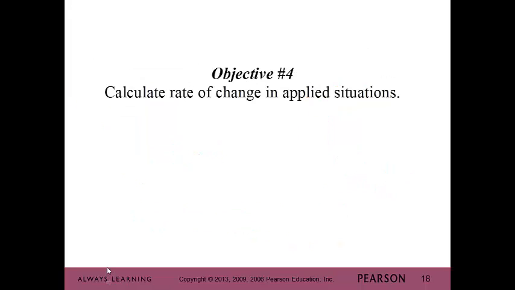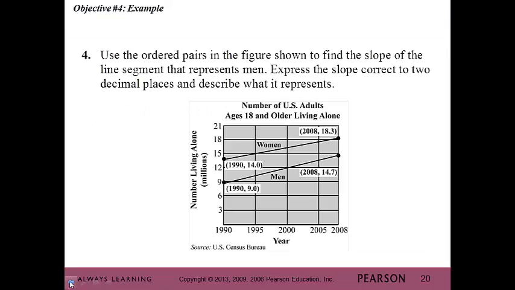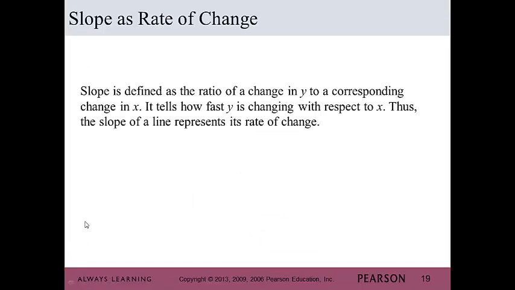All right, objective 3, we're going to calculate rate of change in applied situations. So slope is defined as the ratio of a change in y corresponding to a change in x. Ratio means fraction. So slope is a fraction where it's a change in y divided by the change in x.